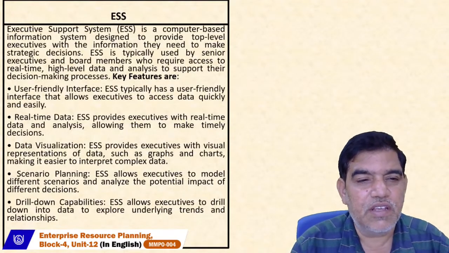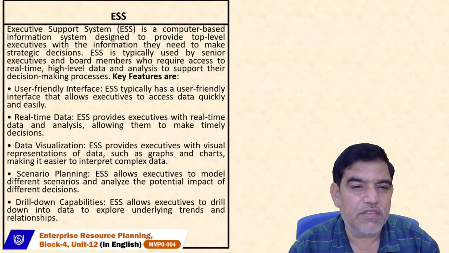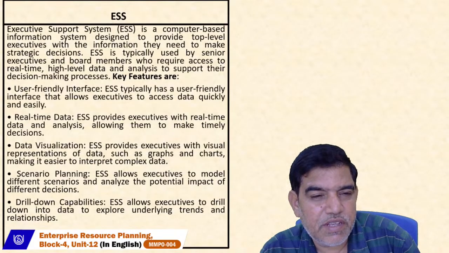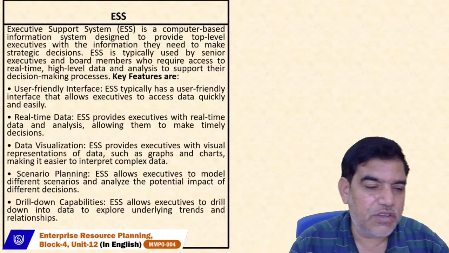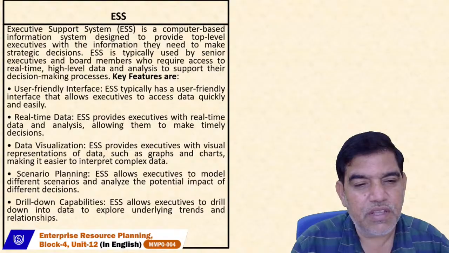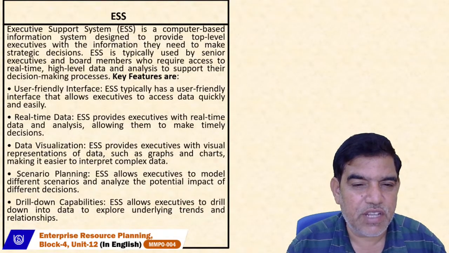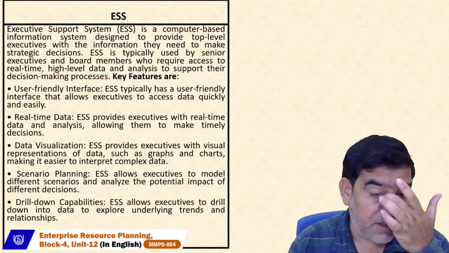User-friendly interface: ESS typically has a user-friendly interface that allows the executive to access data quickly. Real-time data means ESS provides executives real-time data analysis, allowing them to make timely decisions. Data visualization: ESS provides executives with visual representations of data such as graphs and charts, making it easier to interpret complex data.